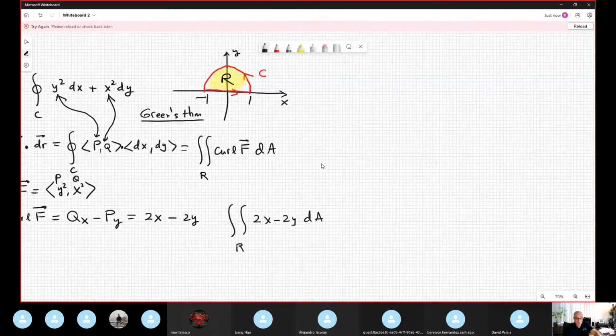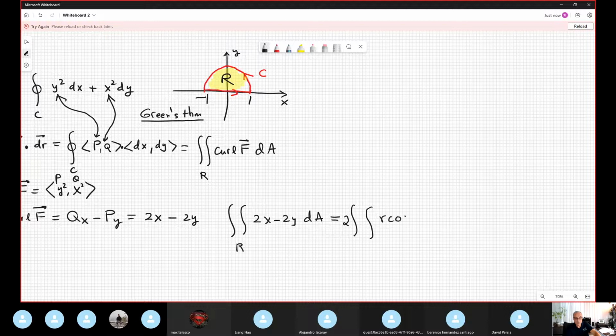So now, immediately I change this integral to polar. There is no reason to keep the 2 inside, I put it outside. It's a common factor. I factor out. I know that in polar x is r cosine theta minus r sine theta.